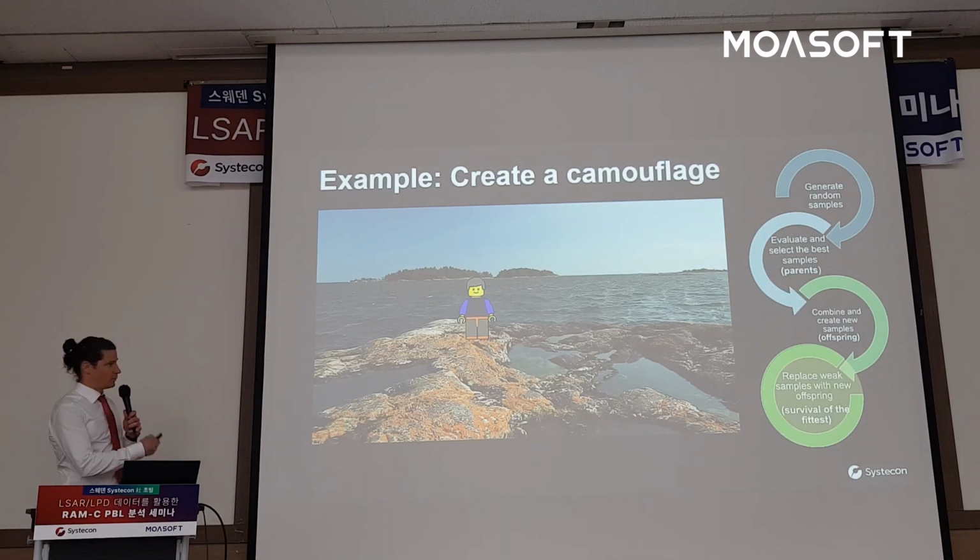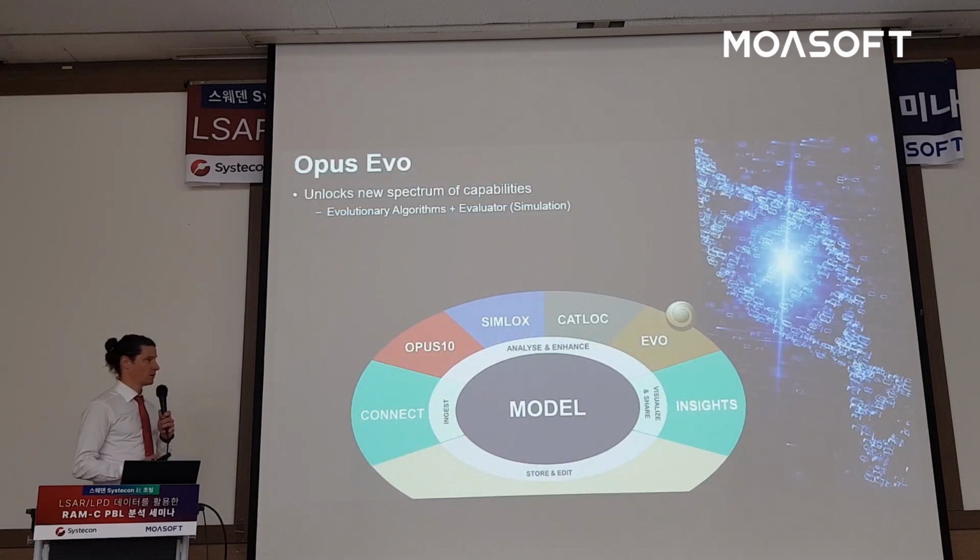But with Opus, we use our simulation tool Simlogs to be able to produce those, to be able to compare the different samples to see which one is better. So that's why Evo fits very nicely in this picture, because we have a model here, right?